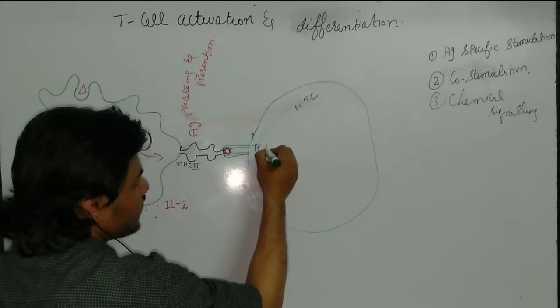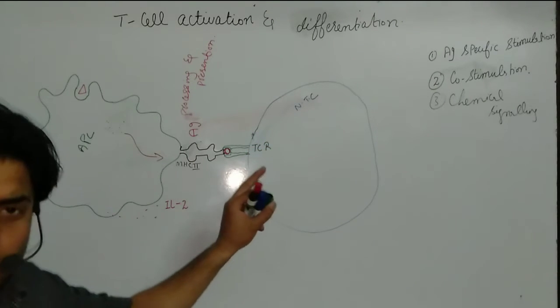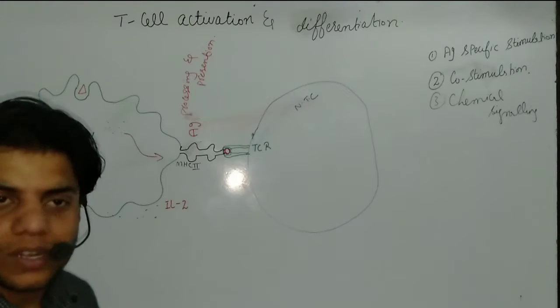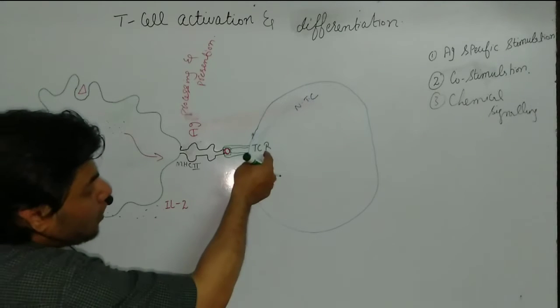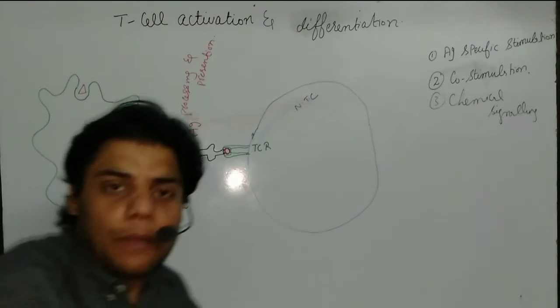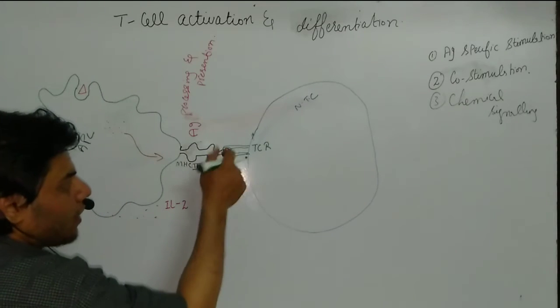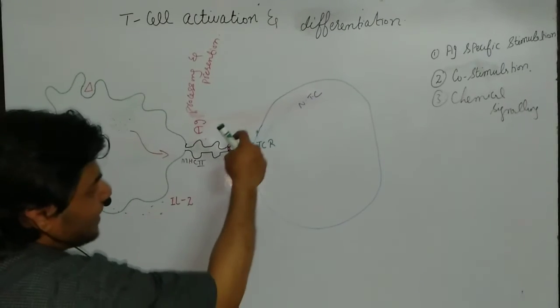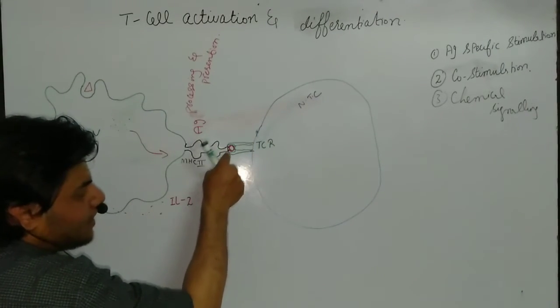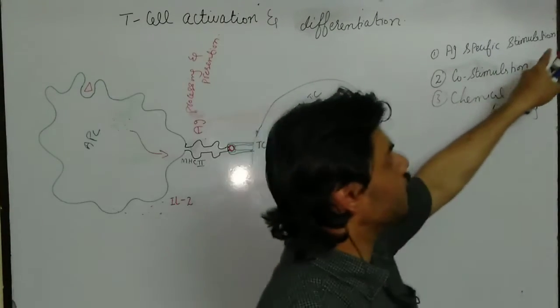This T cell receptor is very unique in every T cell. If you remember, we talked about the T cell receptor in detail. So this T cell receptor will recognize this antigen. Once this T cell recognizes this antigen, we call that antigen specific stimulation.